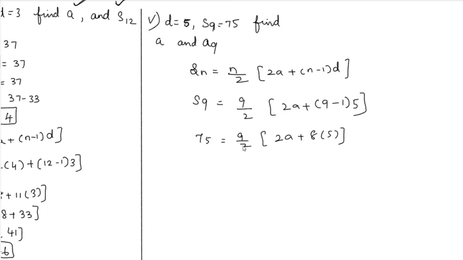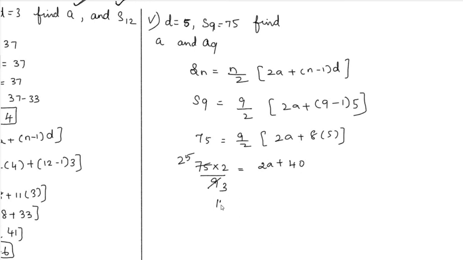Here 75, this division by 2 becomes multiplication by 2 and multiplication by 9 becomes division by 9. That is equal to 2a plus 8 5s are 40. So 75 into 2 is 150, or else you can cancel by the 3 table: 3 3s are 9, 3 2s are 6, 5 3s are 15, 3 5s are 15.